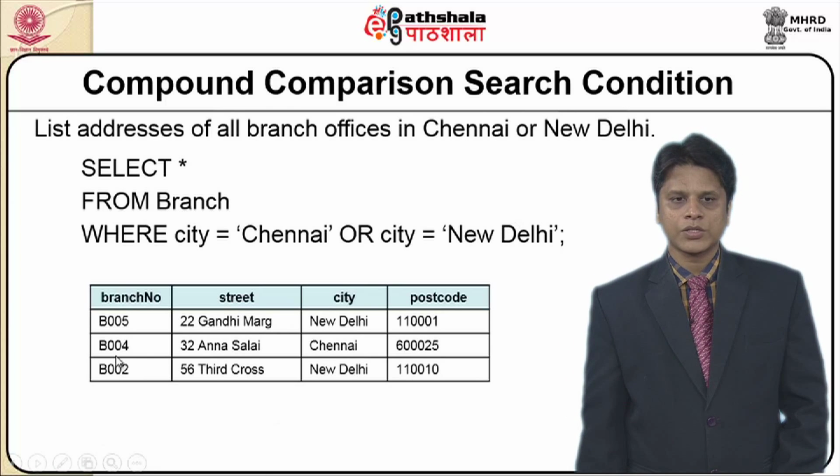The result of this table would be branch number, street, city, postal code. But the refinement is defined very specifically as either Chennai or New Delhi. If you look at this column alone, it will be either New Delhi or Chennai, for which all the other records will be highlighted.